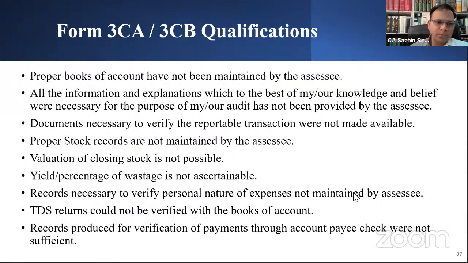Try to put all the points related to your audit in the face of the report, that is on 3CA or 3CB. Please do not hesitate to report the irregularities, because if you are not reporting them, it may so happen that disciplinary action can be taken.